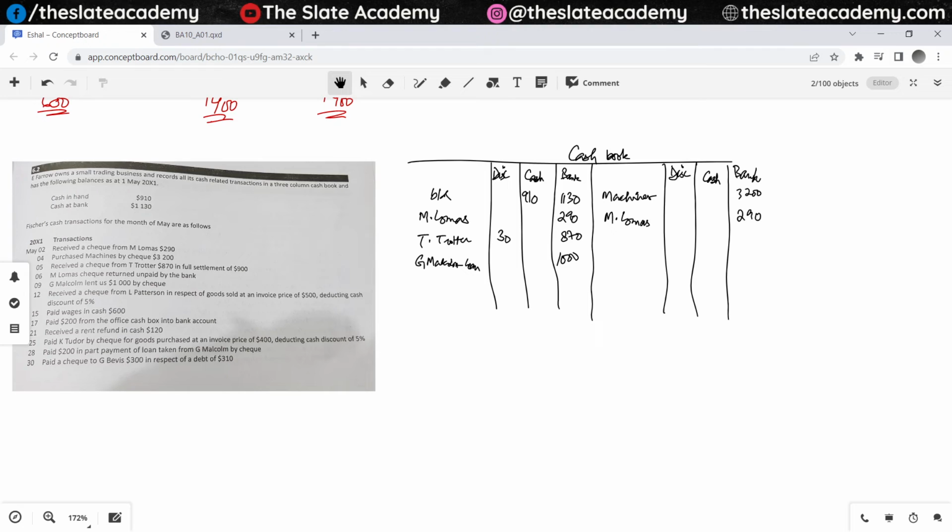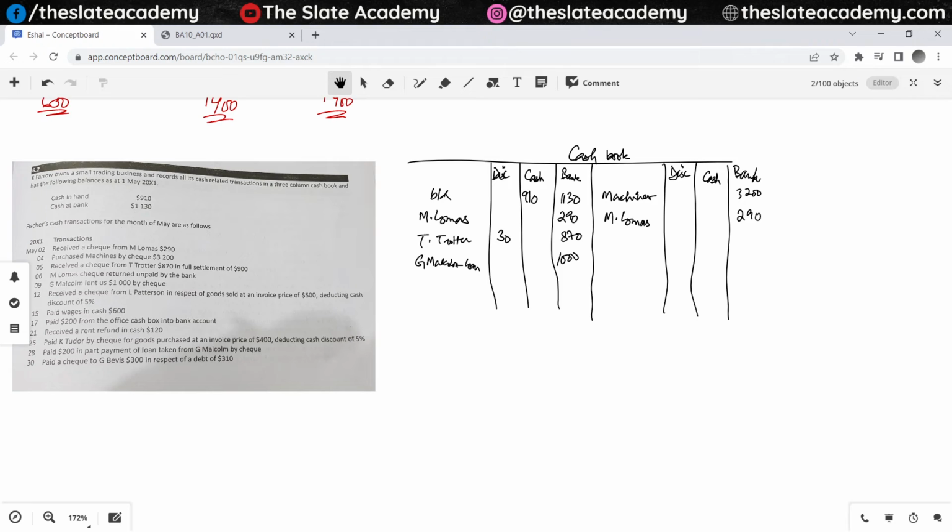Then we received a check from L. Peterson in respect of goods sold, invoice price 500, cash discount 5%. So how do we record the check received?